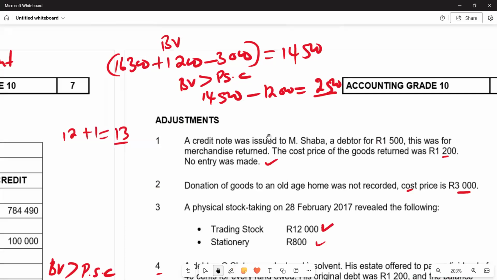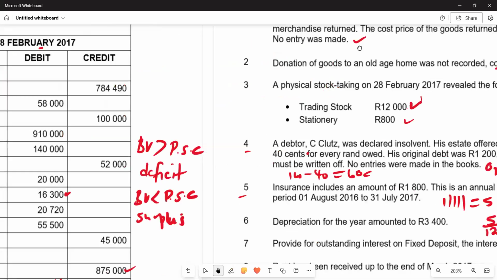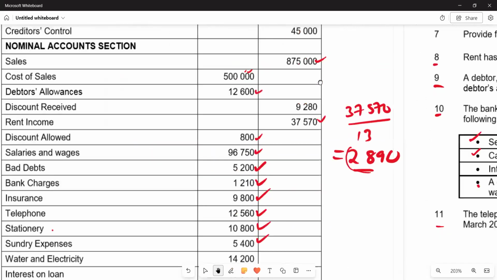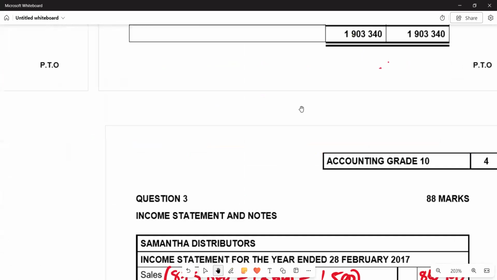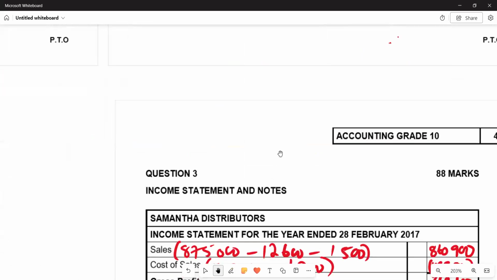The deficit amount is the book value minus the physical stock count, whereby 14,500 is the book value minus the physical stock count figure that we are given in the additional information of 12,000, and then we get 2,500. So we are just going to summarize the working and put it there as trading stock deficit.